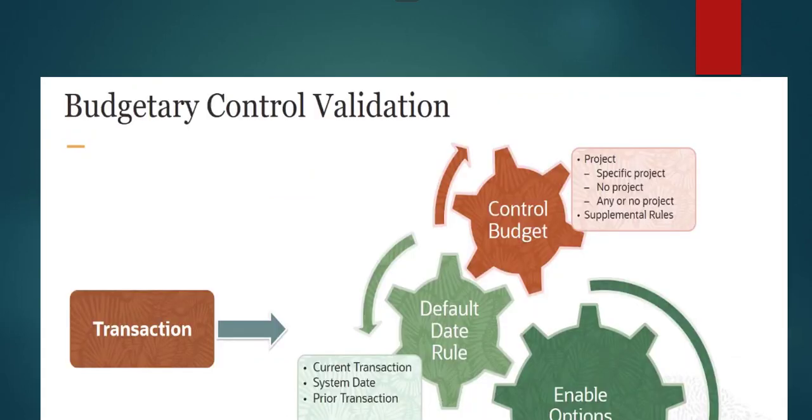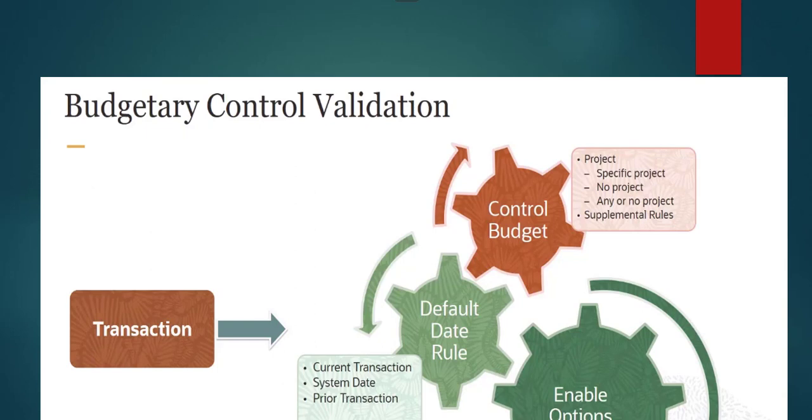For budgetary control validation, there are a number of settings that will impact the validation for your transactions, and these settings are enabled within budgetary control but also your control budget. So we have a control budget filter, which we are going to talk about very shortly, and budgetary control validations, again we are going to talk about it now.